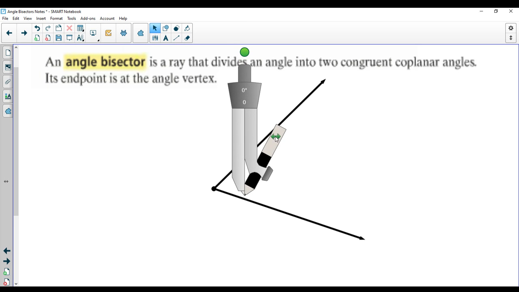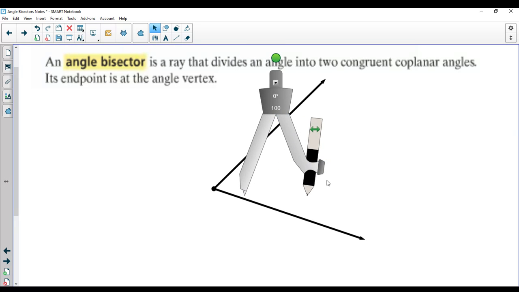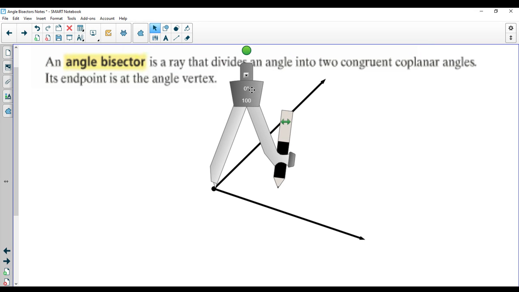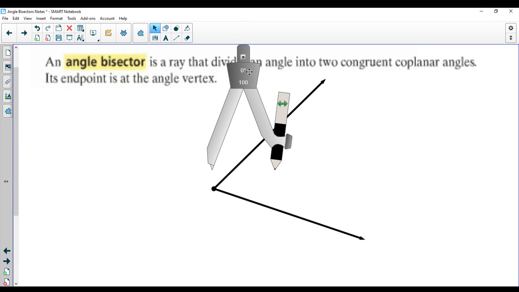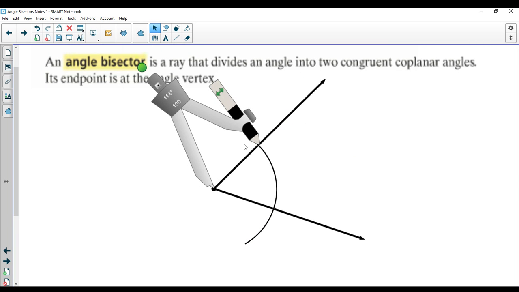So first thing I'm going to do, make sure I'm on the pointer, is I'm going to open this a little bit, and then I'm going to move it so that the point, now if you're not familiar with a compass, one side is a needle or a point, the other side has the pen or the pencil on it. So I'm going to move and make sure my needle is on the vertex. Okay, and now I'm going to draw what's called an arc.